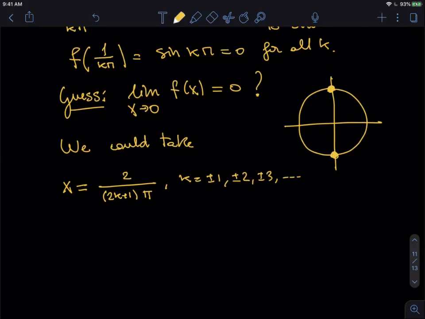So these are the angles that are like pi over 2 plus k pi. Okay. So this is the (2k plus 1) pi divided by 2, which is what we have here for x, only that is inverted.